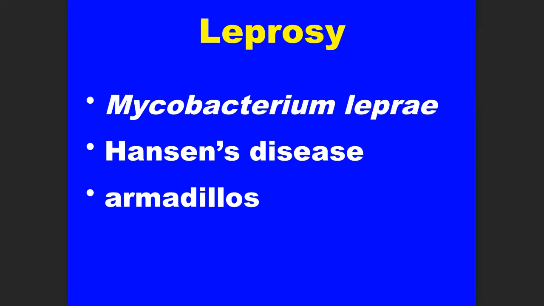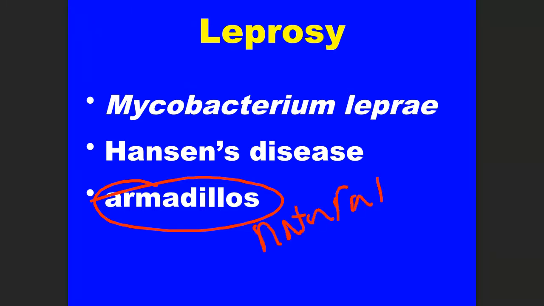Now, there is another way that a person can get infected, but it's a very rare way, and that is from an armadillo. Armadillos are actually a natural reservoir for the bacteria.